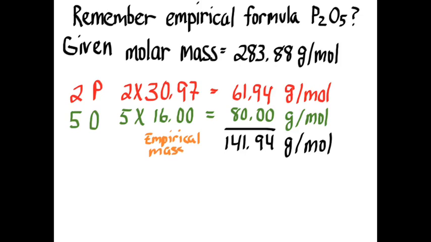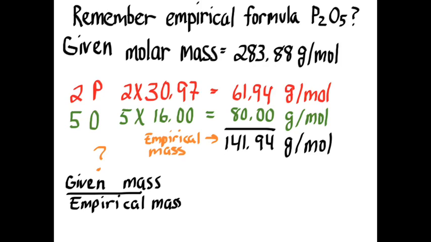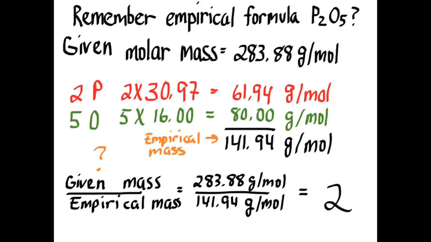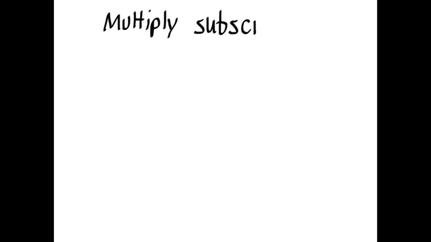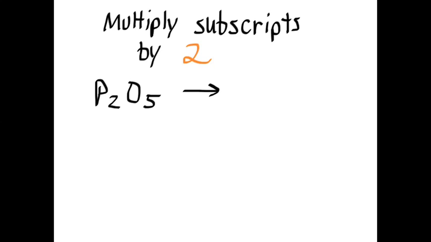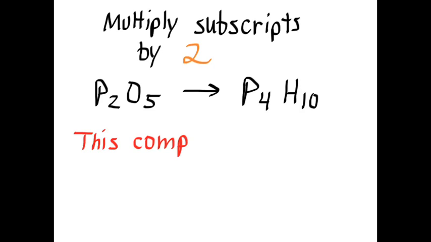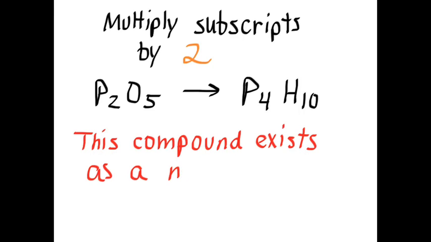Divide, and that is the empirical mass, divide the given mass by the empirical mass, 283.88 by 141.94, we get 2. That tells us that we have to multiply the subscripts by 2. So P2O5 becomes P4O10.